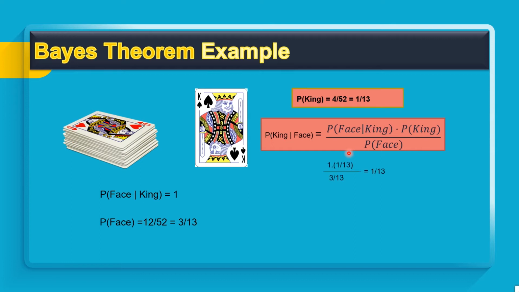Now using Bayes theorem, we can find out the probability of king given that it's a face card, so our final answer comes to 1 by 3, which is also true. So if you have a deck of cards which has only faces, there are three types of faces, which are jack, king and queen. So the probability that it's the king is 1 by 3. Now this is a simple example of how Bayes theorem works.